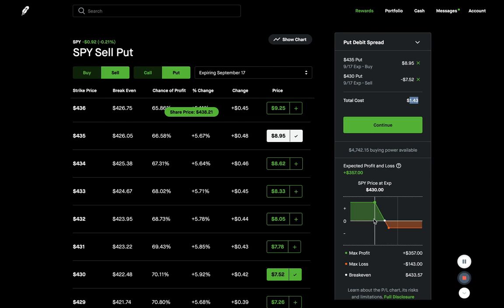The max profit is the difference between the strikes, $5, and then we subtract the total cost, and that yields $357. As you can see there. We'll switch back.